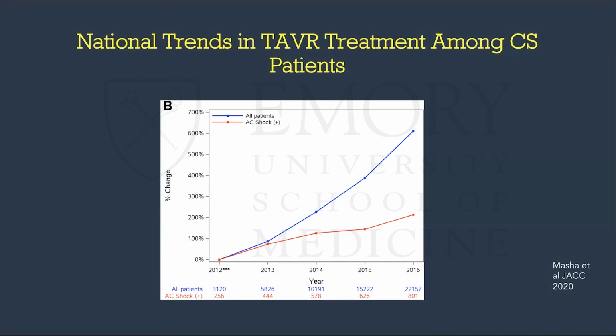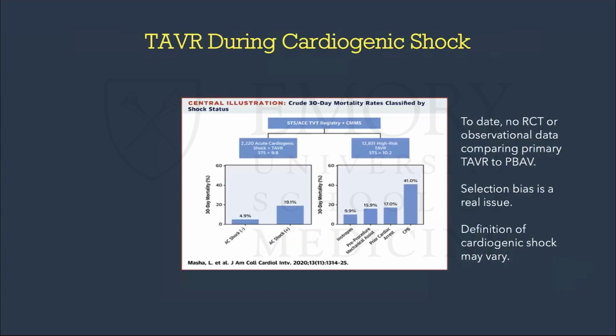And this graph shows how there has been an increase in using TAVR among cardiogenic shock patients. Starting from 2012 until 2016, there has been an increase in using TAVR for patients presenting with cardiogenic shock as a primary treatment.